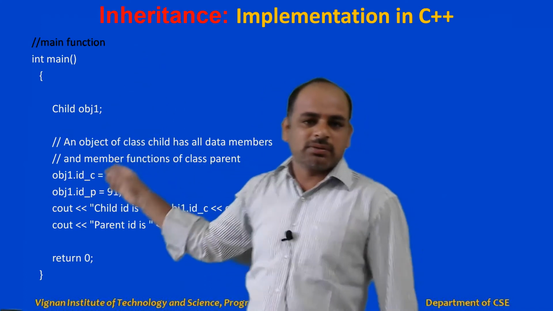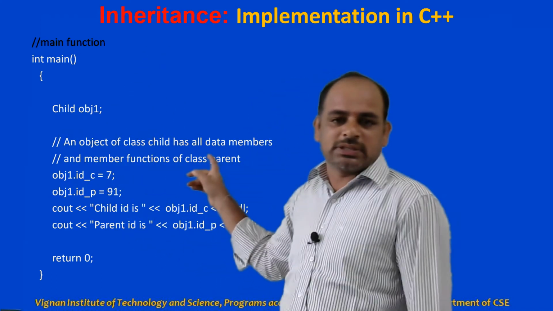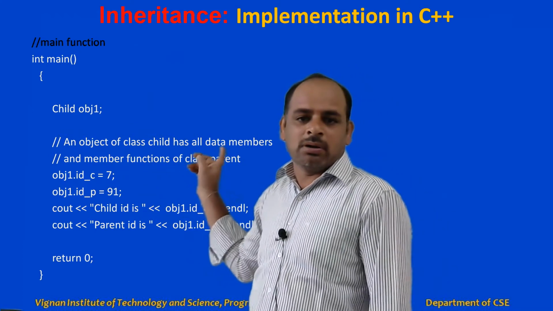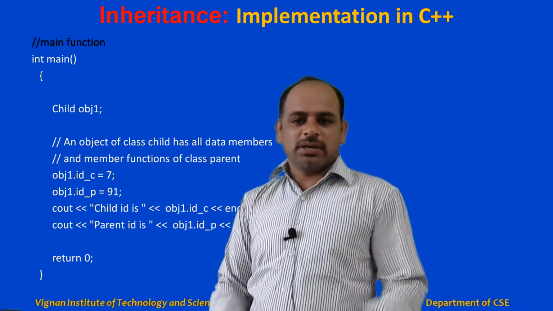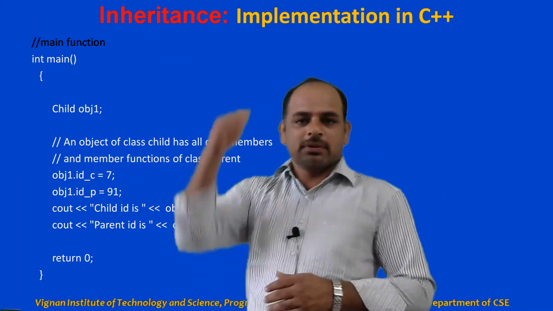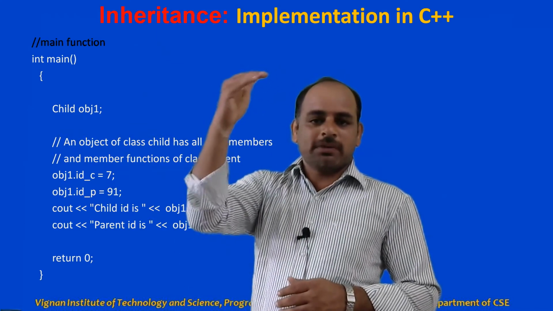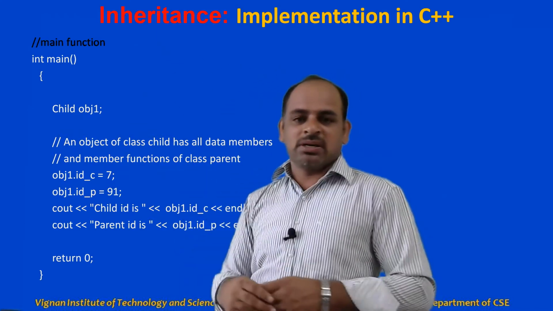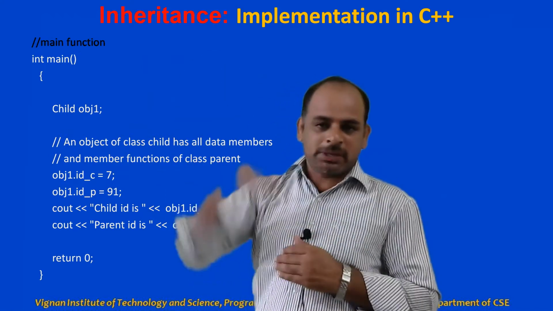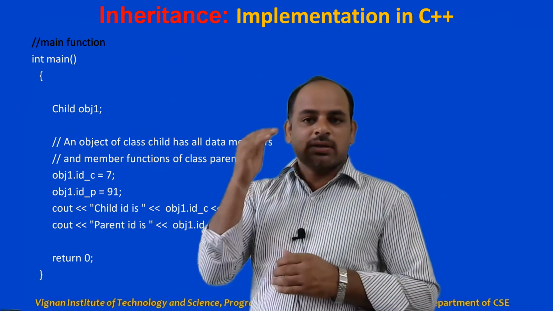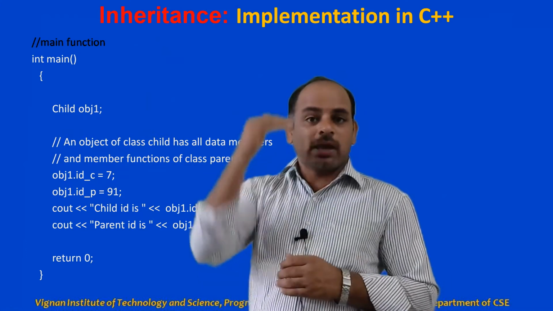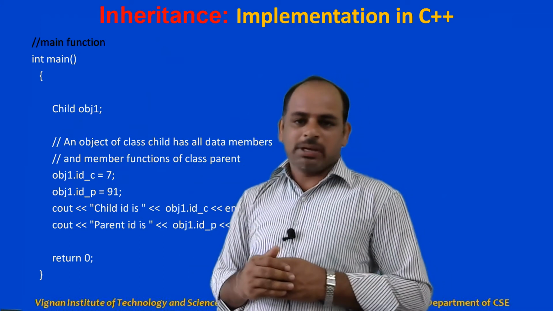You can see the object of class child has all data members, because, as I explained in the previous slide, the member of a parent class also becomes a member of the child class, since the child class is derived from the parent class. So you can use the child class object to access the member of the parent class.